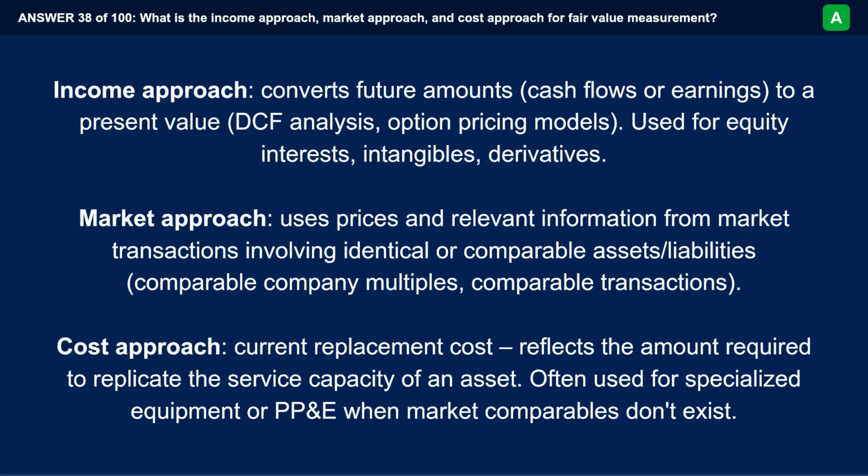The market approach uses prices and relevant information from market transactions involving identical or comparable assets or liabilities: comparable company multiples, comparable transactions. The cost approach, current replacement cost, reflects the amount required to replicate the service capacity of an asset, often used for specialized equipment or PP&E when market comparables don't exist.